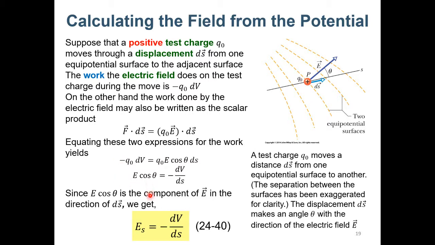And finally, we cancel Q0 on both sides, and the rest will be E cosine theta equals minus dV/ds, the derivative of the electric potential with respect to the displacement.